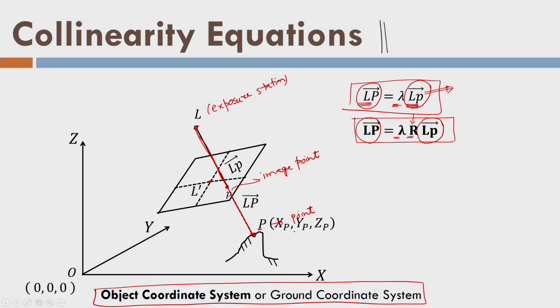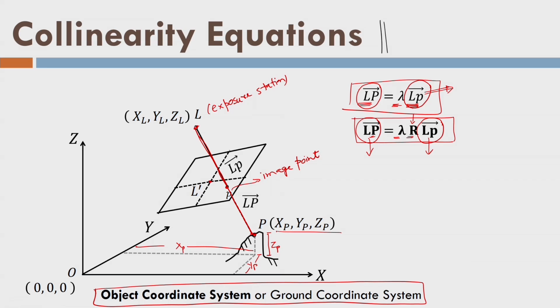If point P is given by xp, yp, zp, I want to find out what is LP. This is the coordinates xp, yp, zp shown here. So this is yp here, this is xp here, and this is zp here.